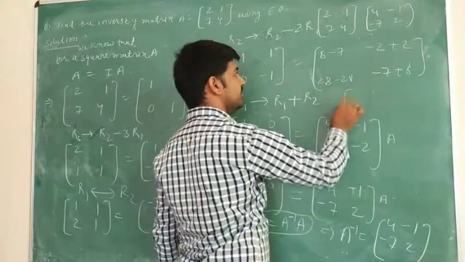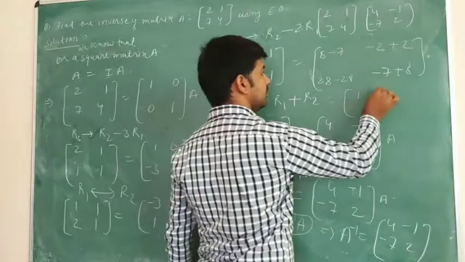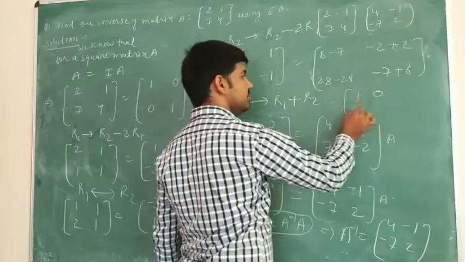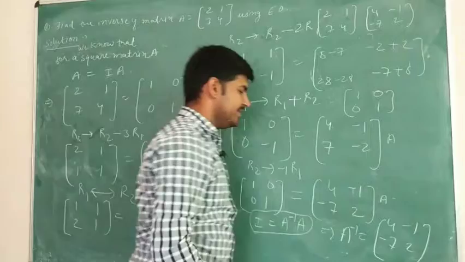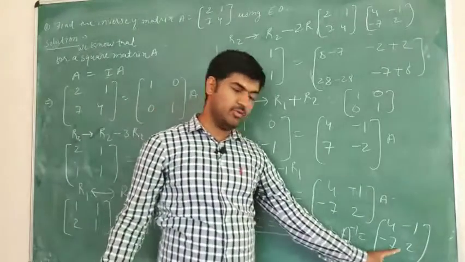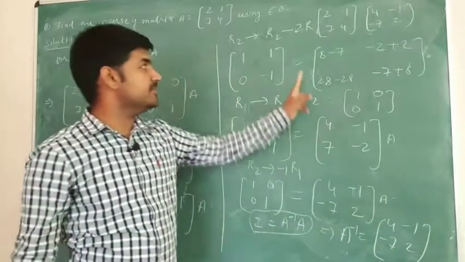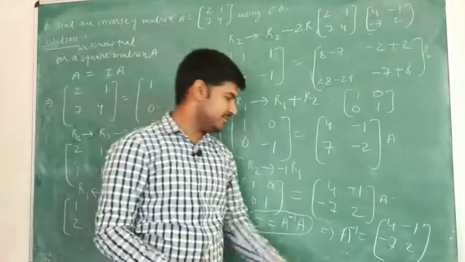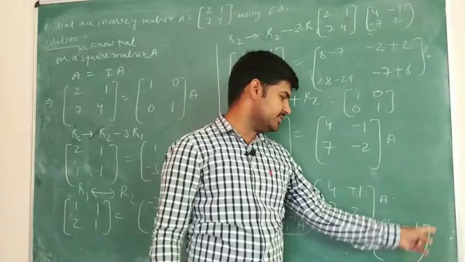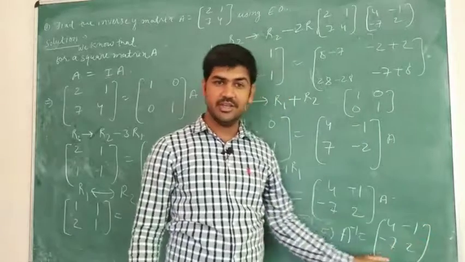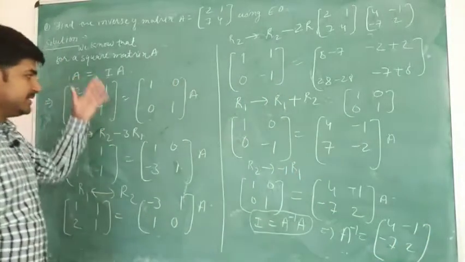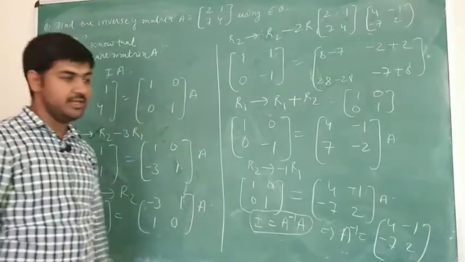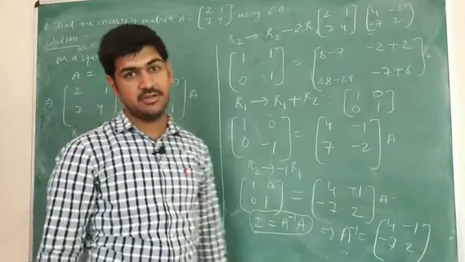So we get 1 0 0 1, which means if we multiply this A inverse by A, we get an identity matrix. It means yes, we are sure that the inverse of the matrix A is this only, and we have done this entire process in the right way and found the inverse of this particular matrix.